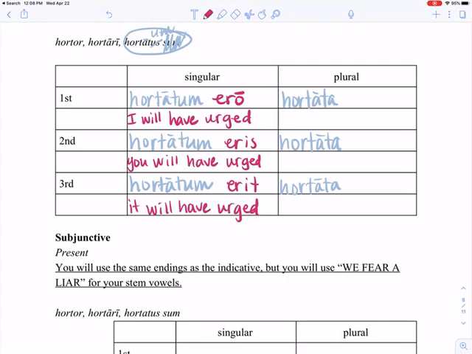Over on plural, we've changed our fourth principal part's ending. And so now we're going to have hortata erimus. We will have urged. For second plural, hortata eritis. Y'all will have urged.